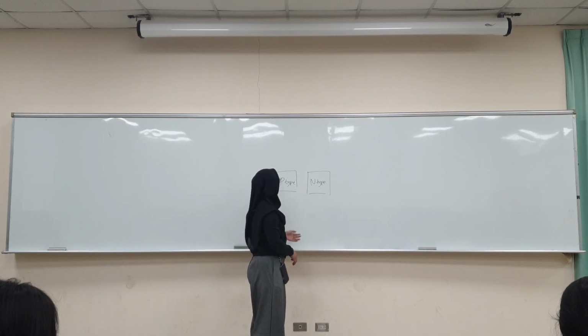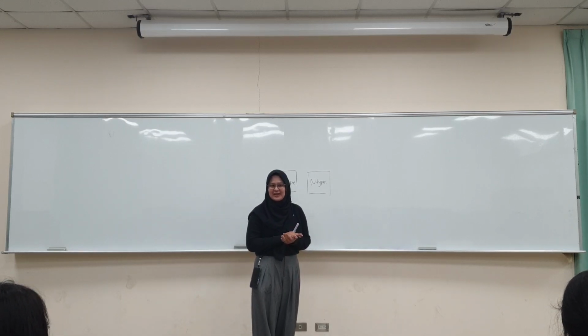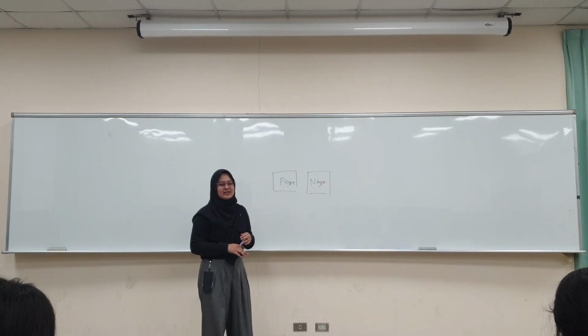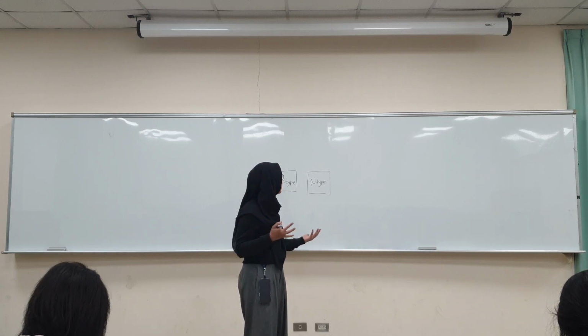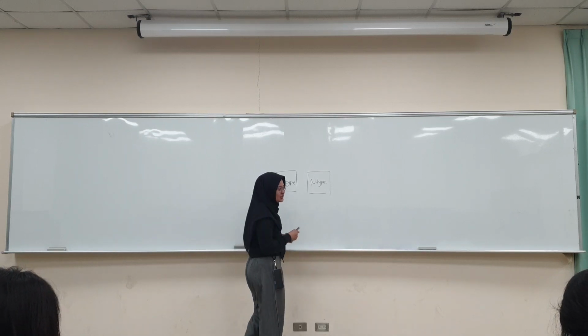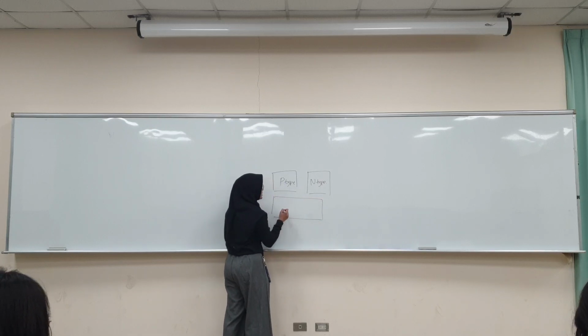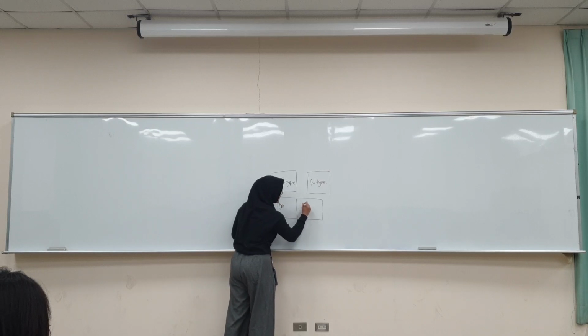So if we just study the P-type and N-type semiconductor separately, it's not really interesting, as you guys know. So how do we solve that problem? We combine the P and N-type semiconductor into what we call a PN junction. So basically, we just connect the P-type semiconductor here, and then the N-type semiconductor.